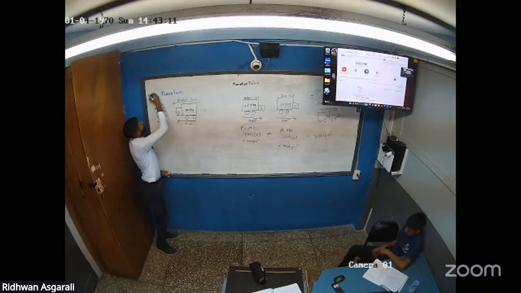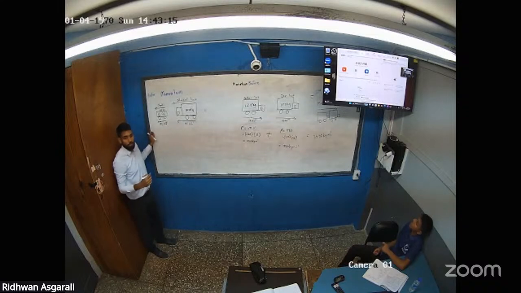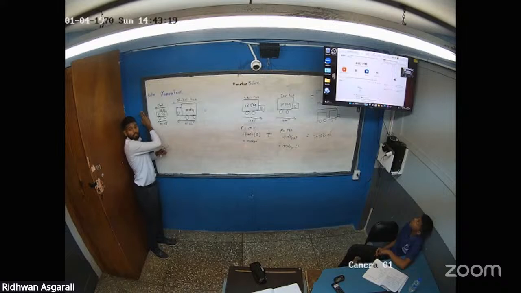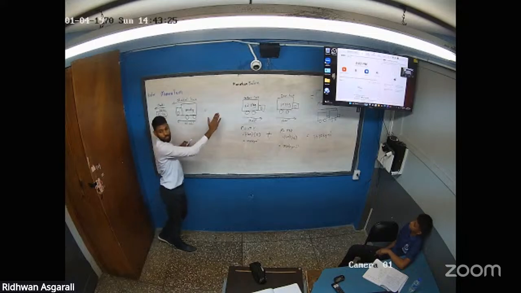Both of the trucks are going this way, so we're supposed to draw the accident here. However, I don't have space, so I just draw it on this side, for now.